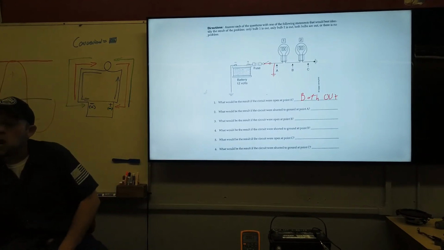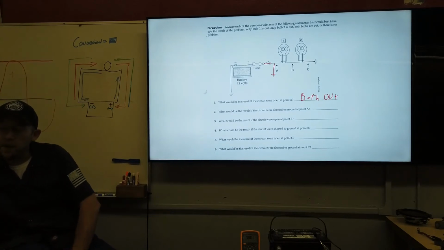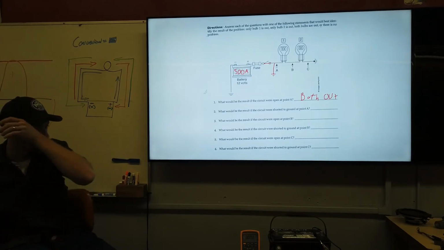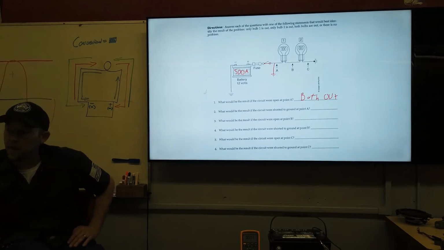And so, one of the things I want you to understand: a battery like this is likely rated for like 500 amps, all right? The resistance, we know these two bulbs have resistance. It doesn't say in the diagram what they are, but we can make it up. We can say that this has 2 ohms and that one has 2 ohms, right?